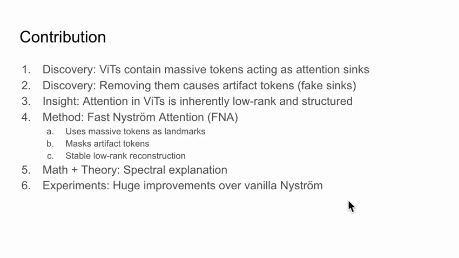The paper has four main contributions. First of all, it discovers massive tokens: tokens with huge key value norms that attract most attention. These are the true attention sinks. Also, it discovered artifact tokens, the fake sinks that appear only when massive tokens are removed.